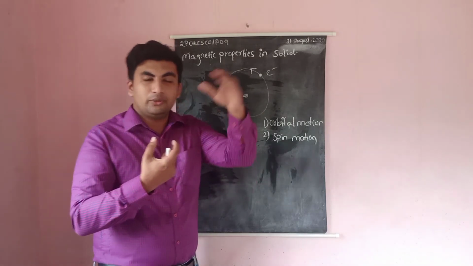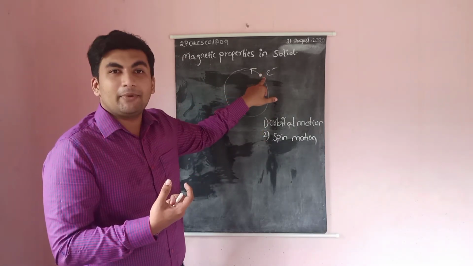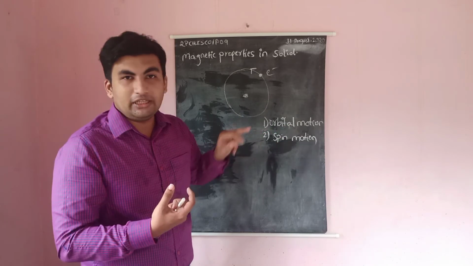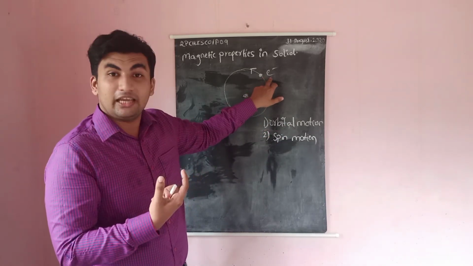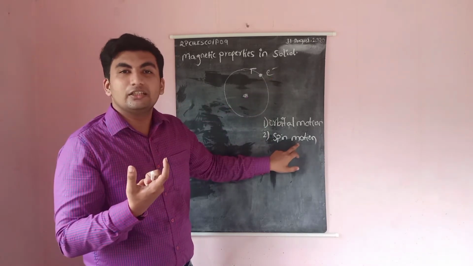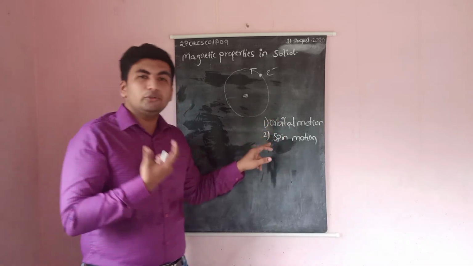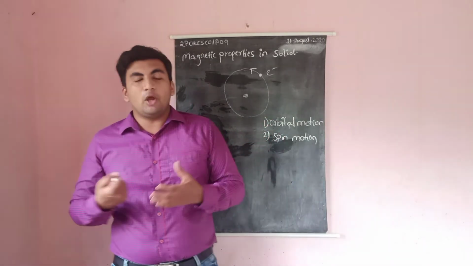Like the Earth revolving around the Sun is the orbital motion, and the Earth rotating on its own axis is the spin motion. Due to these 2 motions, magnetic properties are observed.